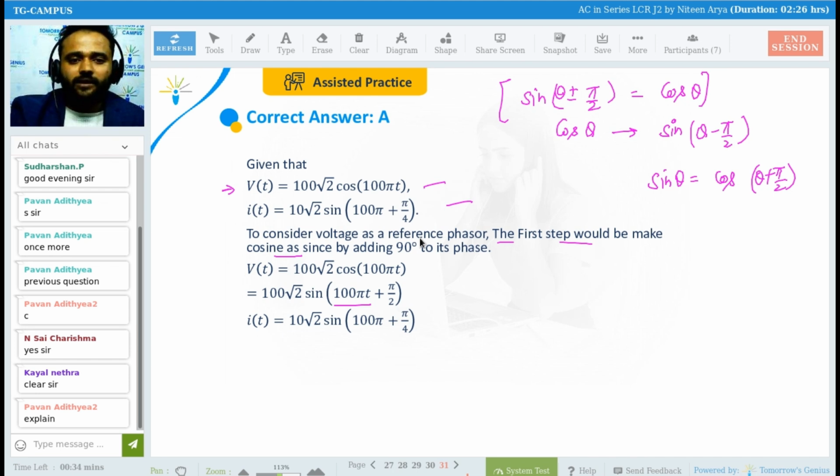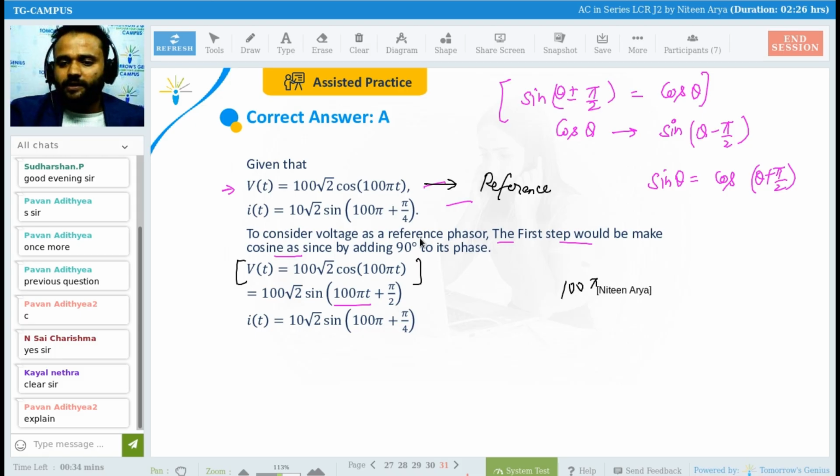Why are we doing this? Because that is written in the question, we need to take it as a reference. So when we take it as a reference, we need to make both things equal. So v(t) is going to be cos into sine, 100 pi t. You can say 100 pi is nothing but omega. So omega t plus pi by 2. Okay, so that is v(t) changed into the sine terminology, and that is i(t) given.